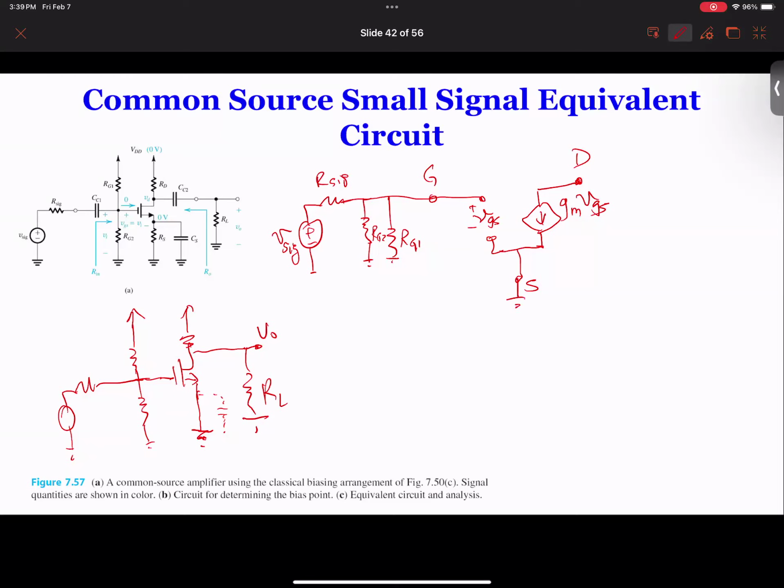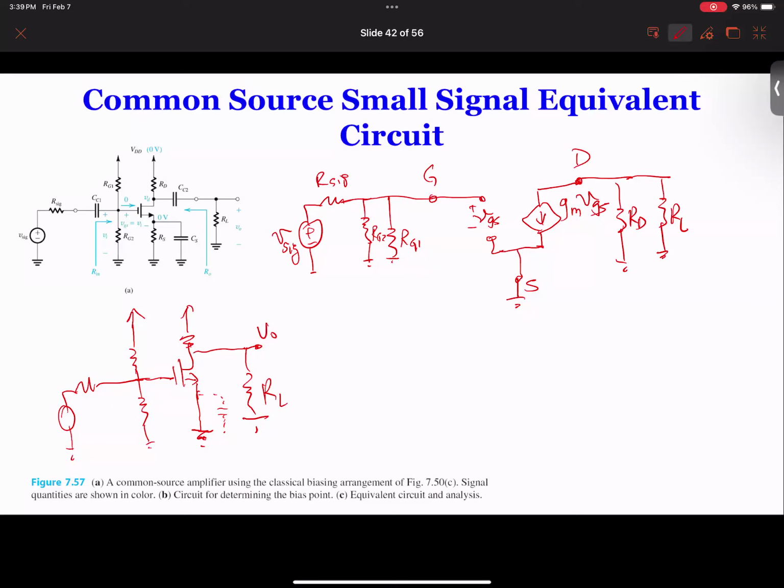And then what is connected to the output or the drain? Here, RD connects to ground. Now remember, the DC is a ground for AC, and through RL to ground. So we have two resistors. RD connects to ground, and then RL connects to ground. And sometimes, if VA is given, we need to connect another resistance from drain to source.